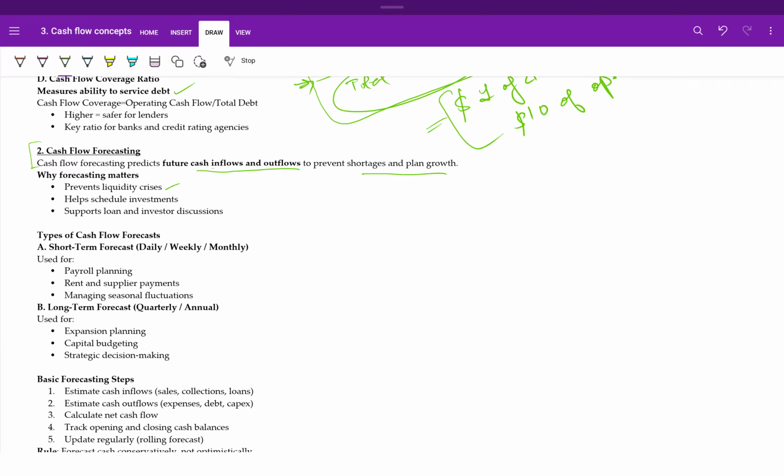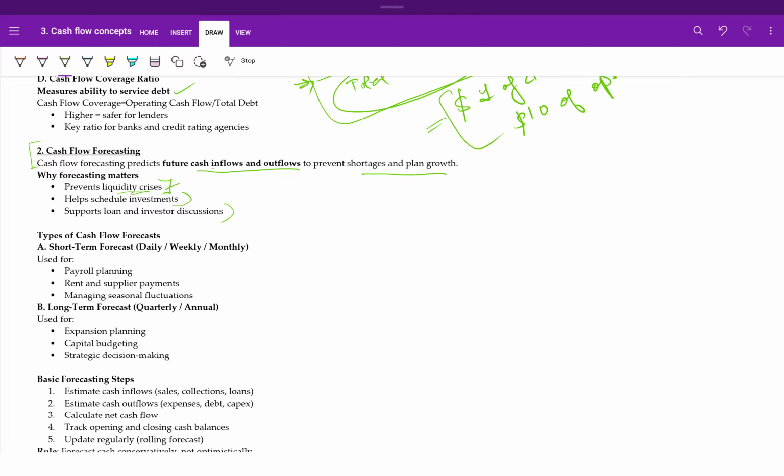So liquidity crisis is when we are in need of cash and we do not have that cash. So it actually prevents the liquidity crisis. It helps schedule investments at the right time. It actually supports loans and investor discussion by showing financial planning.